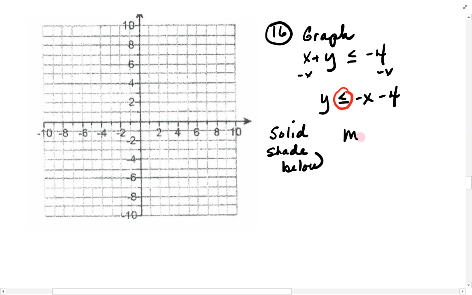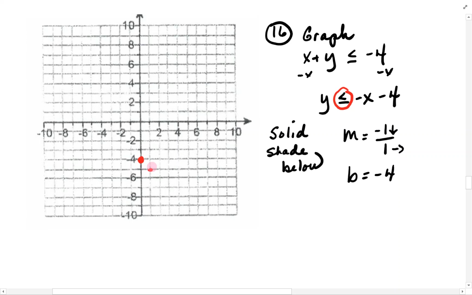The m value is -1, and that's going to be over 1. The b value is -4. So I will begin at -4, and then I will go down 1, right 1. So I'll try to graph in red. So here's -4. From there I will go down 1, right 1.